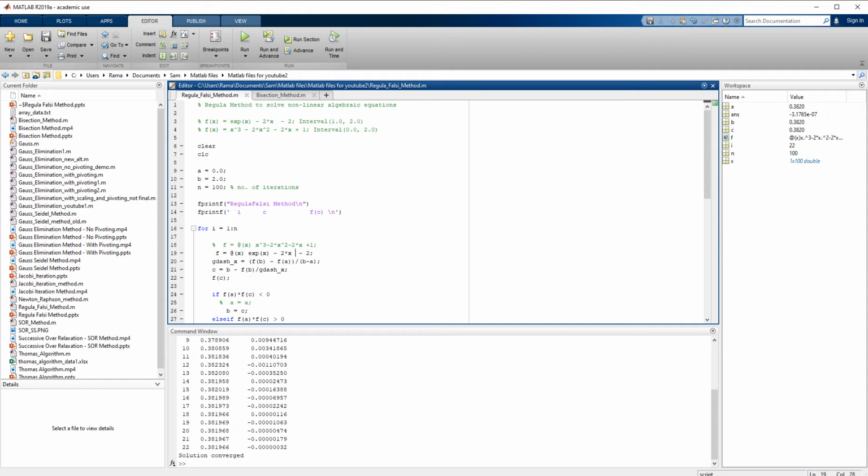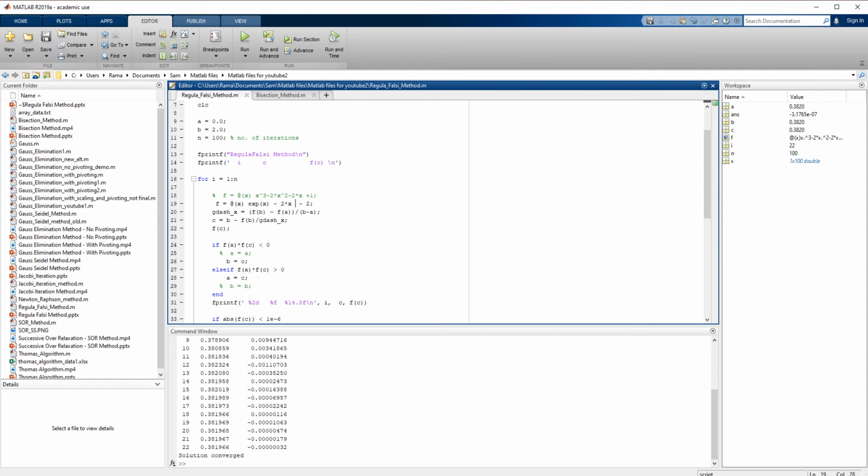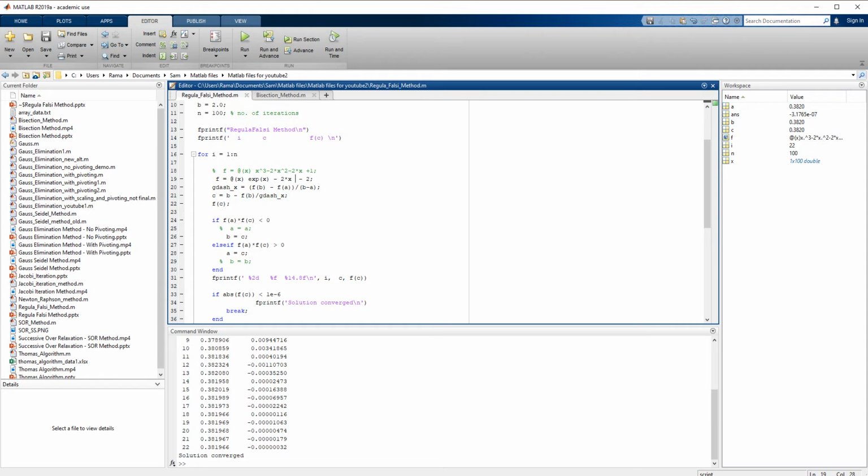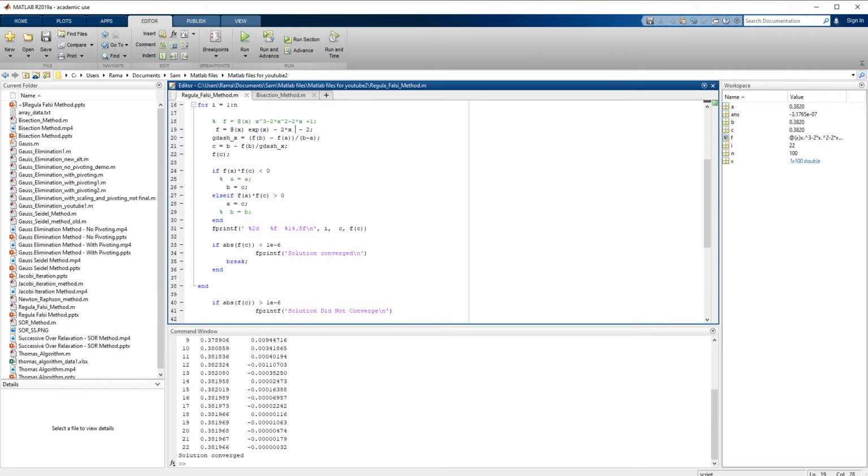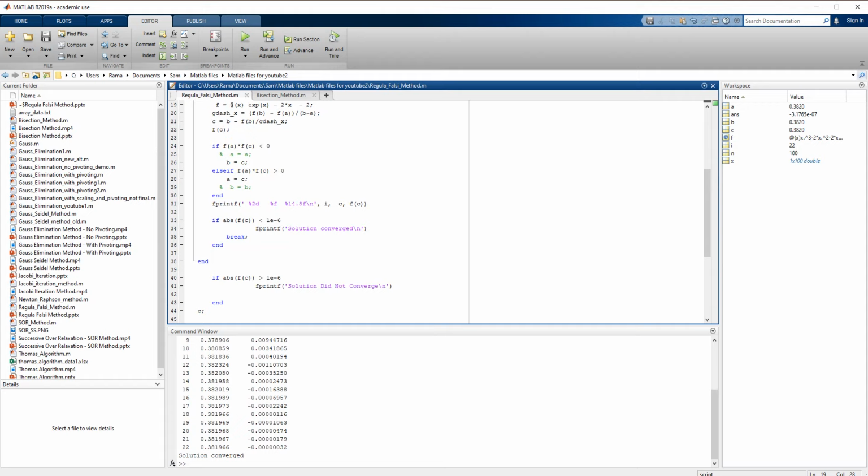The number of iterations n is set at 100. And the algorithm is presented here as we discussed. We can even make this less than or equal to 1e minus 6.